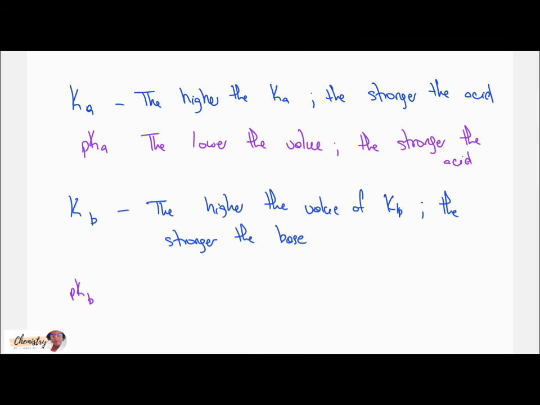If we find the negative log of Kb, then we have our pKb, and the lower the value of pKb, the stronger the base. So this is for comparison purposes. If you were supposed to compare base A to base B, you can look at the two Kb values. Whichever one is higher is the stronger base, or we can look at the two pKb values. The one that is lower is the stronger base.